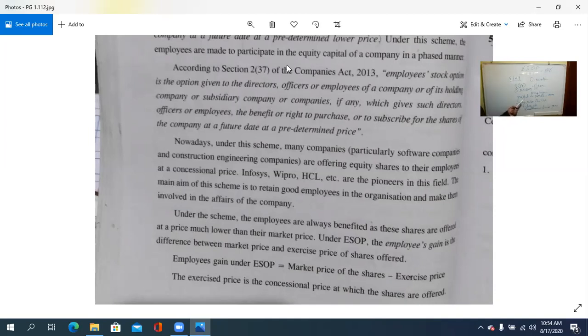The benefit or right to purchase the share or subscribe the share of the company at a future date with a predetermined lower price. So predetermined lower price, future date, if the employees have given the right to purchase the share, it is called what?